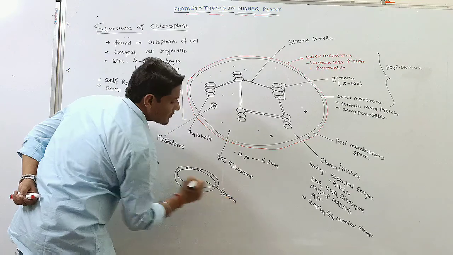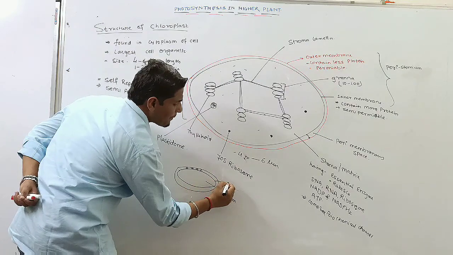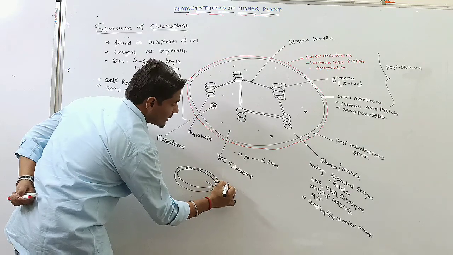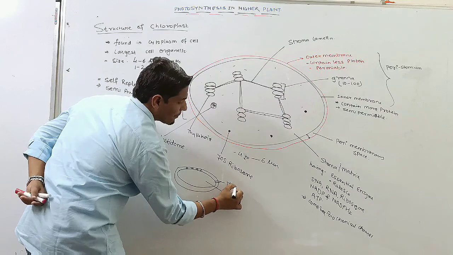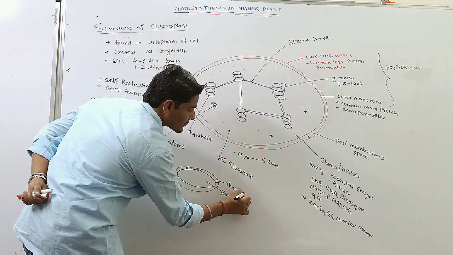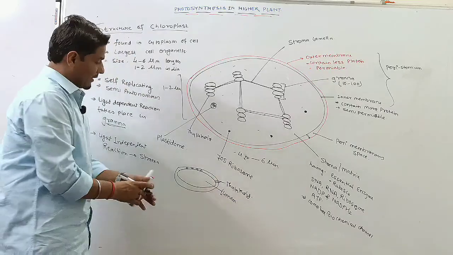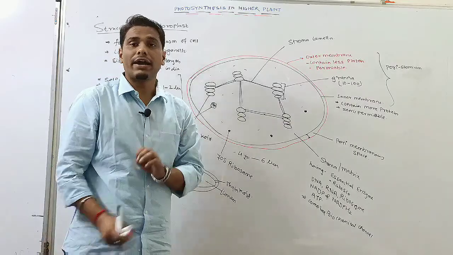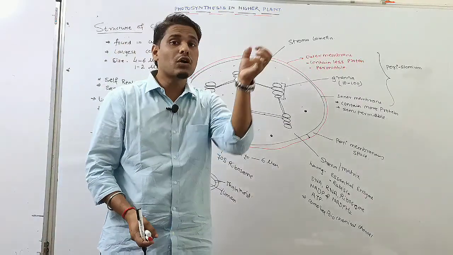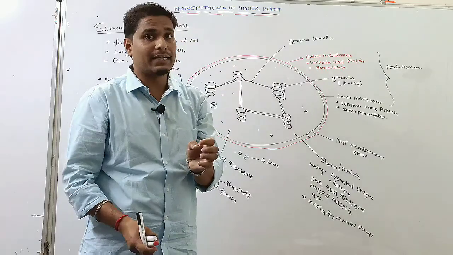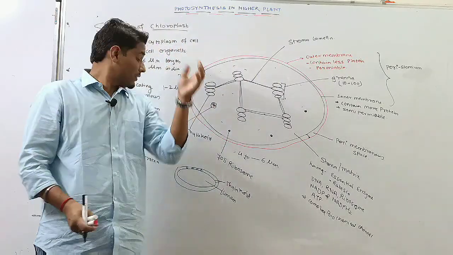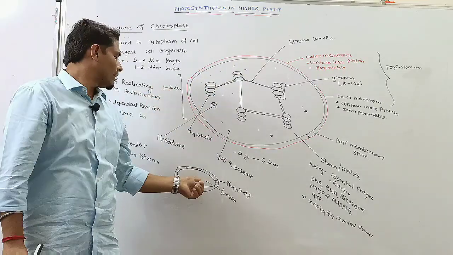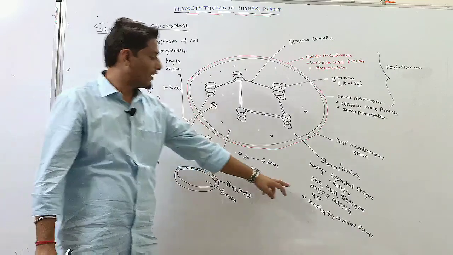Okay, this is called lumen, and this is the membrane, both outer membrane and inner membrane. So it is the thylakoid membrane or membrane of thylakoid. These membranes contain pigment, and thylakoid has the ability to absorb visible light or solar light. Okay, so after absorption of solar light, it is converted into chemical energy in the form of ATP.